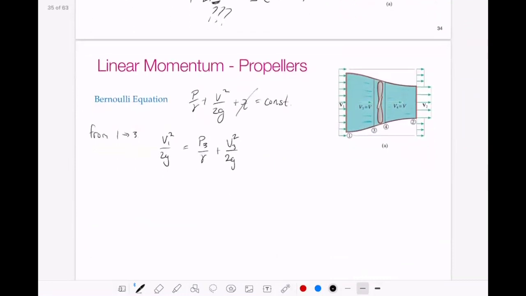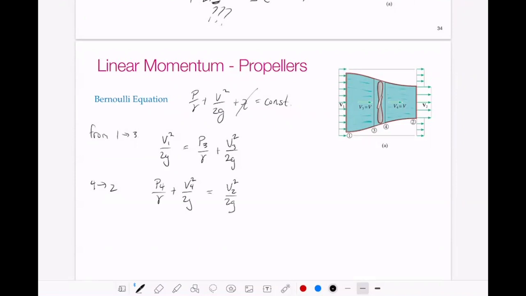And if we also did this from 4 to 2, we would have P4 over gamma plus V squared over 2g is equal to V2 squared over 2g.